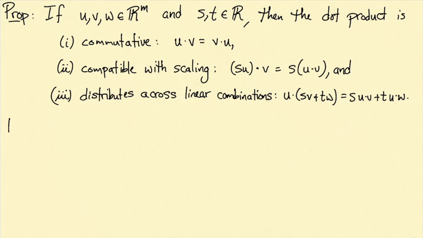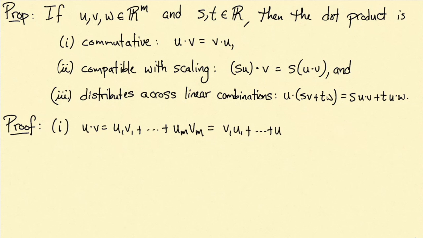The first property is simply a consequence of commutativity of multiplication. So if we write down u dot v, and then we switch the order of multiplication on each of the summands, we see that we get v dotted with u. Compatibility with scaling is similar. It uses the associative property for real numbers.